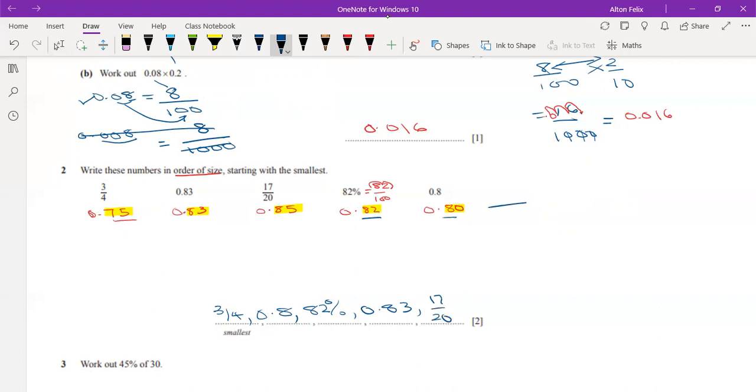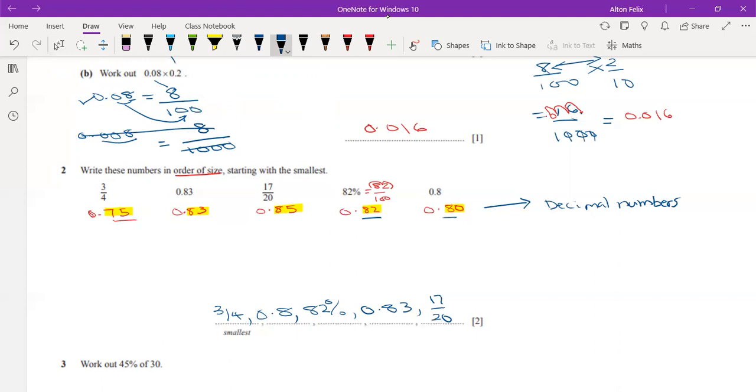So first of all the numbers here are written as decimals. Each of these numbers is expressed to 2 decimal places.